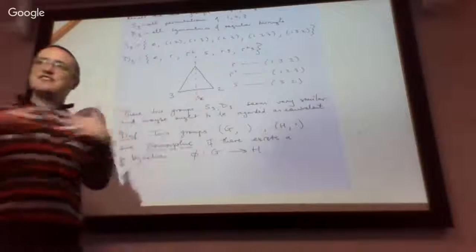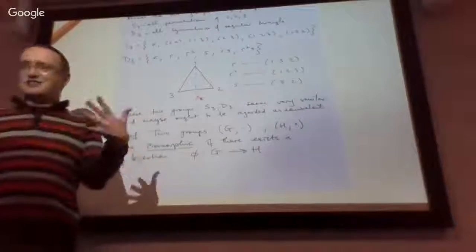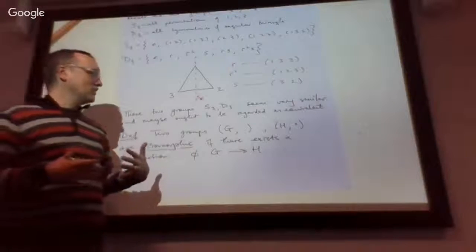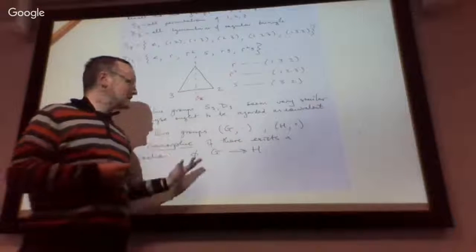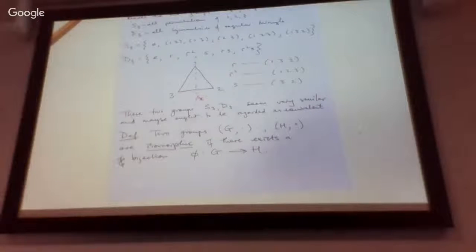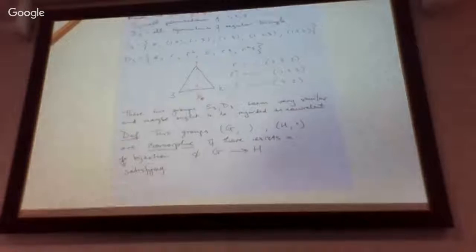We want it to fit well with the group structure in both groups. We want it to honor the group structure. Or some people say we want it to preserve the group structure. Now, what does that mean? It means that whatever phi is doing to the elements of G, mapping them to elements of H, it must do so in a way that perfectly aligns with the group operation.